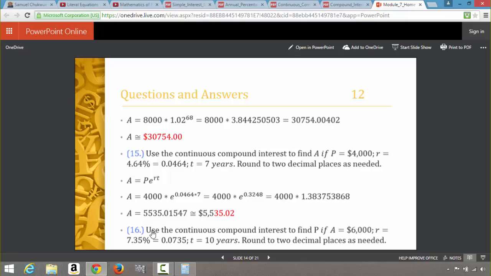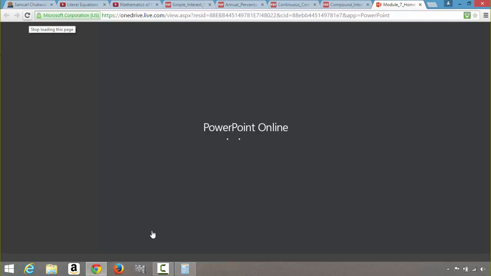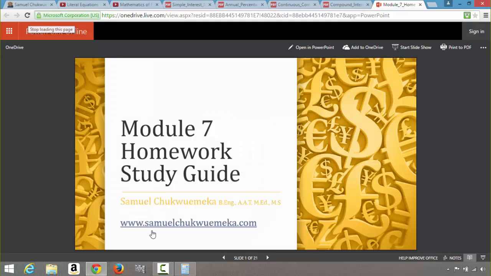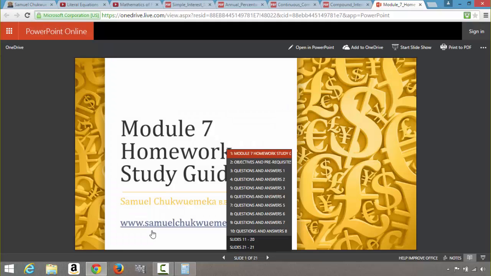Okay, these answers are supposed to be in red. I know I did it. I don't know why it is appearing like this. Let me refresh this. Oh, I would have checked for the slide if I refreshed it. You can easily jump to the slide like this. We were working on question 14, I guess.